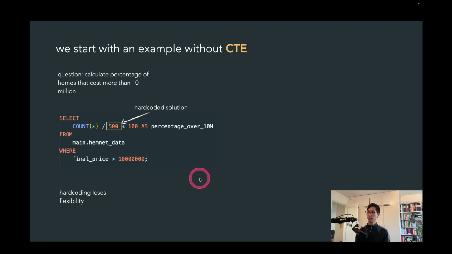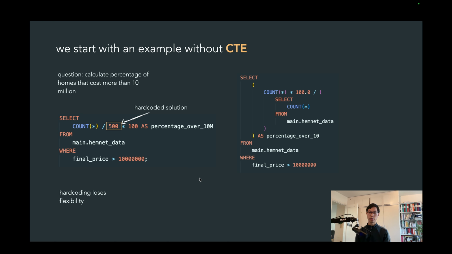Okay, but we have seen subqueries. Can we do it with subqueries? Yes, here we have subqueries. Select count star times 100 divided by this subquery, select count star from main.hemnet data. Yes, it works. This is the subquery. However, a subquery makes the code harder to read. Yes, it's easier to read than 500, but 500 is hard-coded.